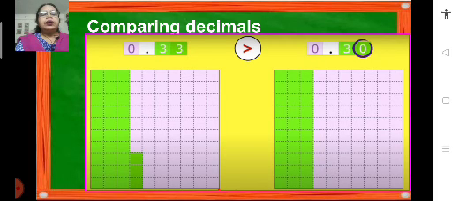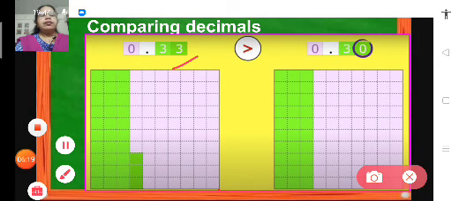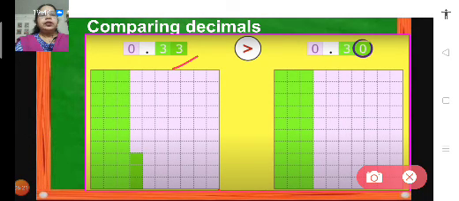Now coming to the next topic, how to compare the decimals. How do we compare the decimals and tell which one is greater and which one is smaller, or are they equal? Let's look at this representation, where in the first one we have 0.33.